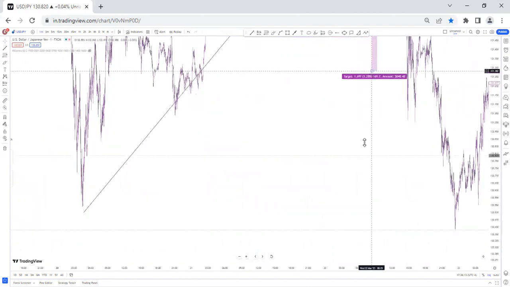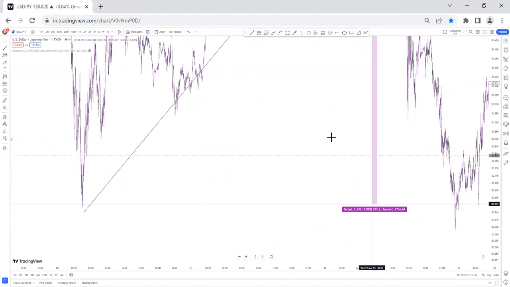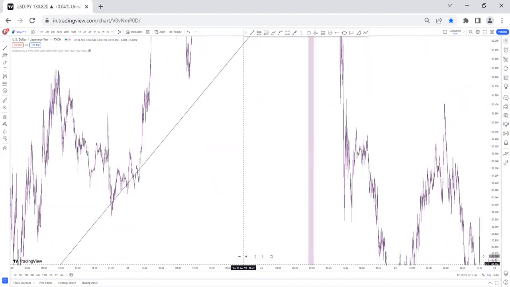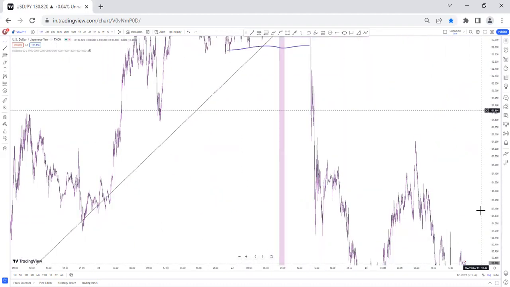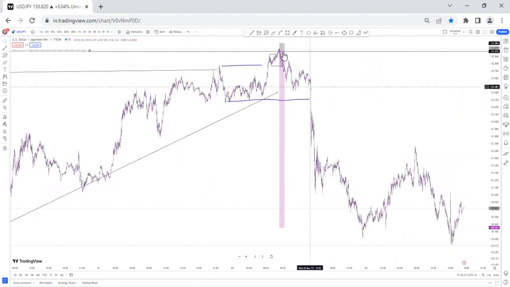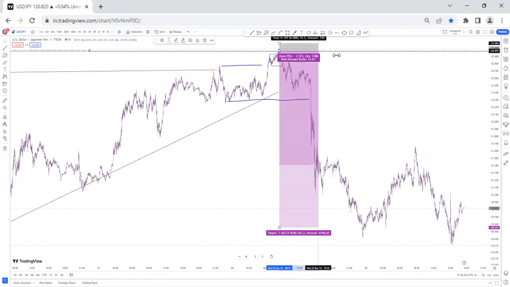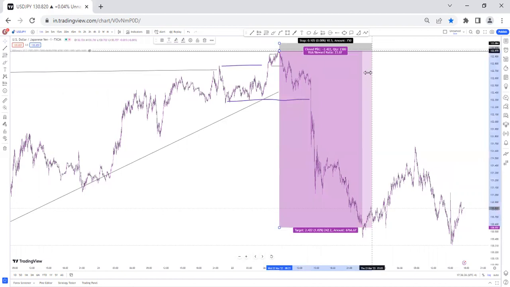This was a crazy nice risk to reward, and I kept getting all of those re-entries down to the M15 low. That's about 242 pips with a 1 to 23 risk to reward. So you see, very, very crazy.